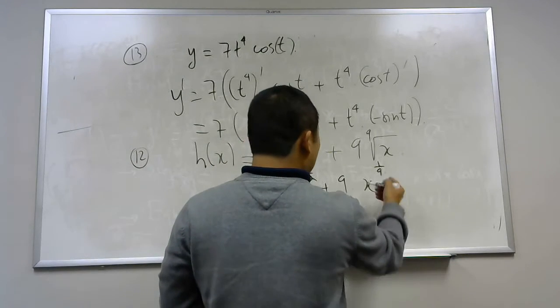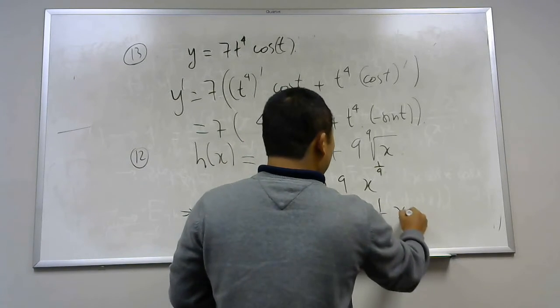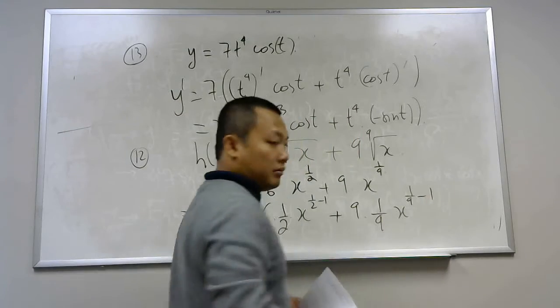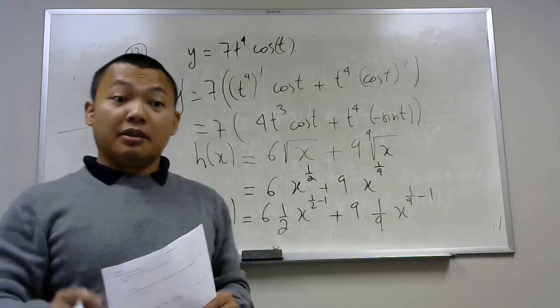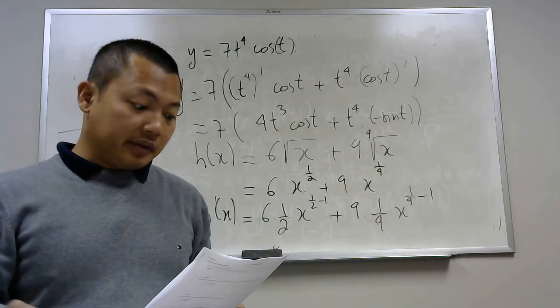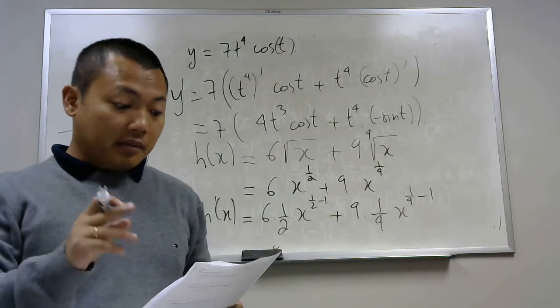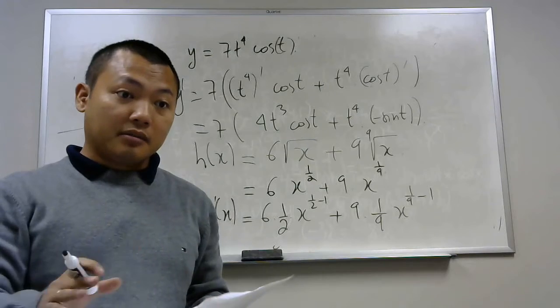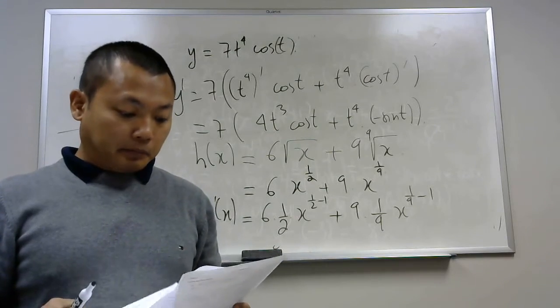Plus 9, bring the power down and reduce the power by 1. Done. You can leave it like that if I ask you to find the derivative. You don't need to simplify. But in case when you need to find a tangent line or something, you have to simplify that.